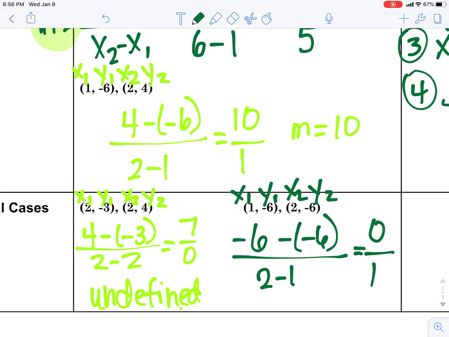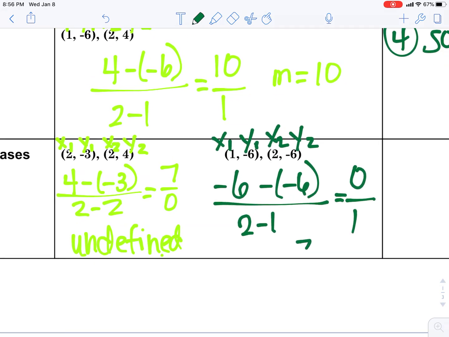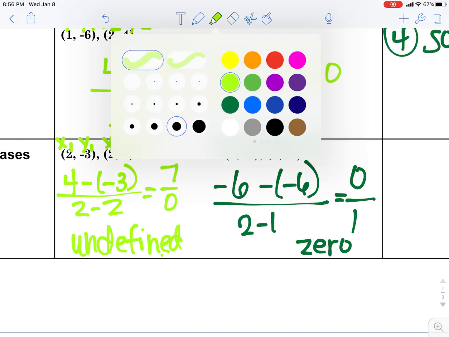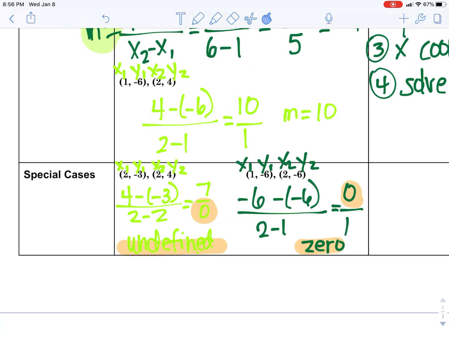So good check on this is 0 divided by 1 in your calculator comes out 0. So it is a 0 slope. So easiest way to remember these two is 0 on the bottom, undefined, 0 on the top, comes out 0. Or you can put it in your calculator, but remember, you won't have a calculator on this test, so you'll have to make sure you know those two definitions.